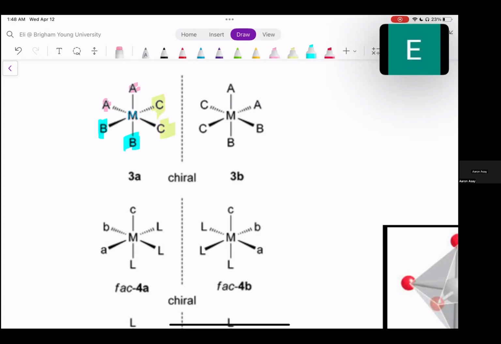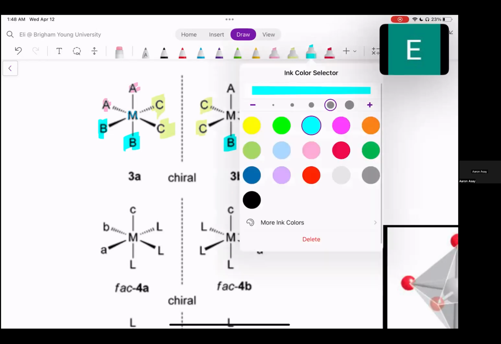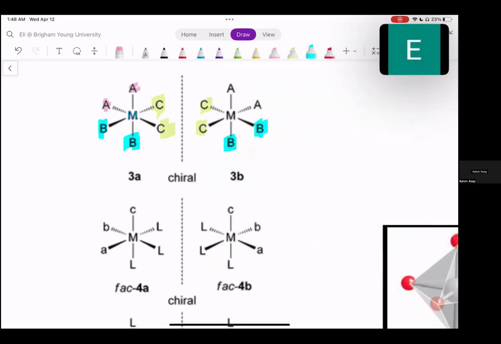And they drew on the opposite side of this dotted line here the mirror image of what it would be. Now, if it is chiral, you guys remember chirality is when it has a non-superimposable mirror image. That means that there's no way that I could take this 3D image right here and manipulate it somehow in order to have it overlap onto this one.